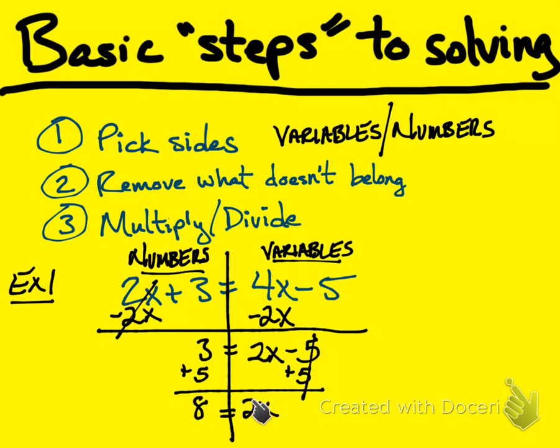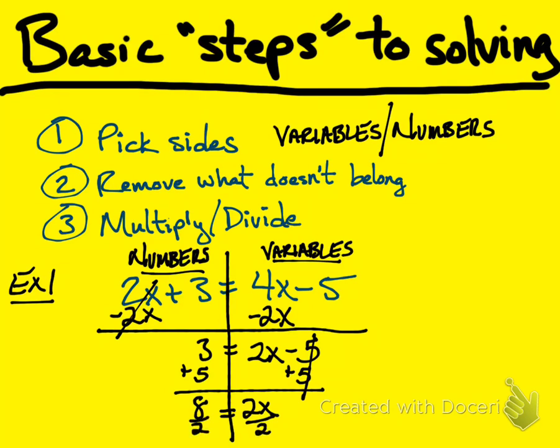Now if I have 2 next to an x, we know that means 2 times x, or 2 x's. And if I know 2 x's equal 8, well then one of them is going to have to be 4, because I would divide. This is my last step where I divide or multiply.